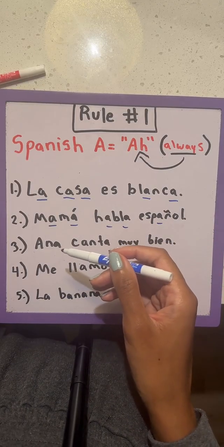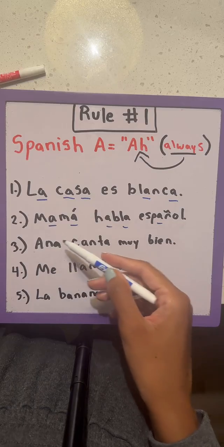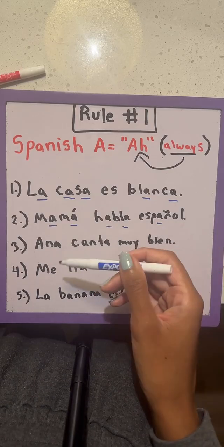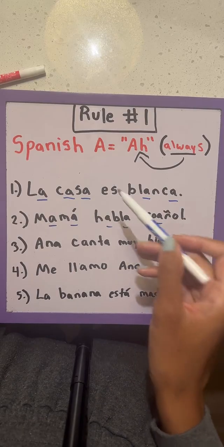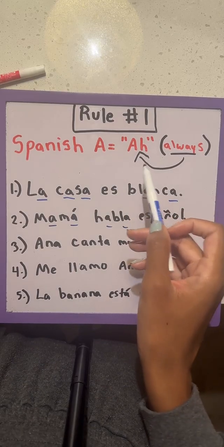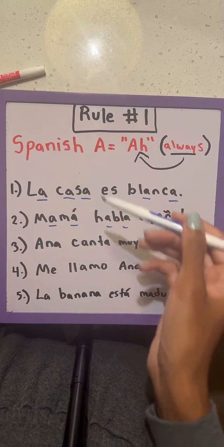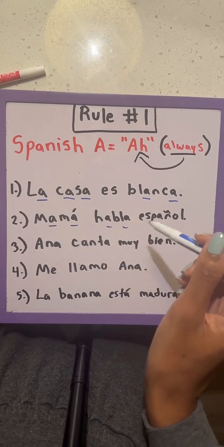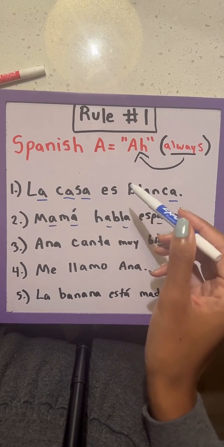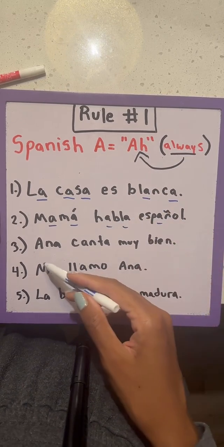Yeah. 5 otra vez. Good job, everybody. Mamá habla español. And as you can see, hey, what is our sound? It always says "ah," no matter what word it is. This activity shows you that no matter what word you give it, the letter "a" will always say "ah."